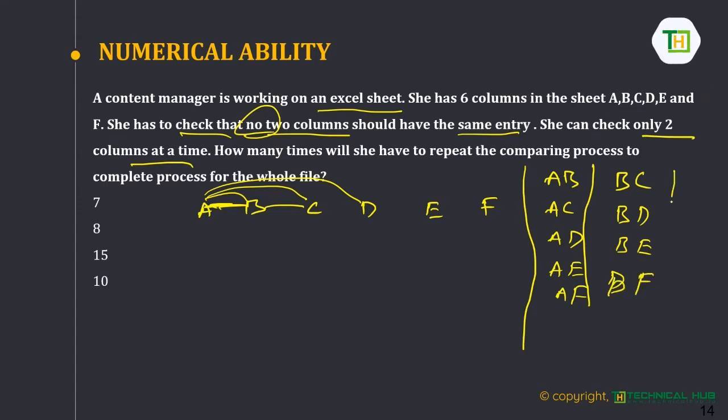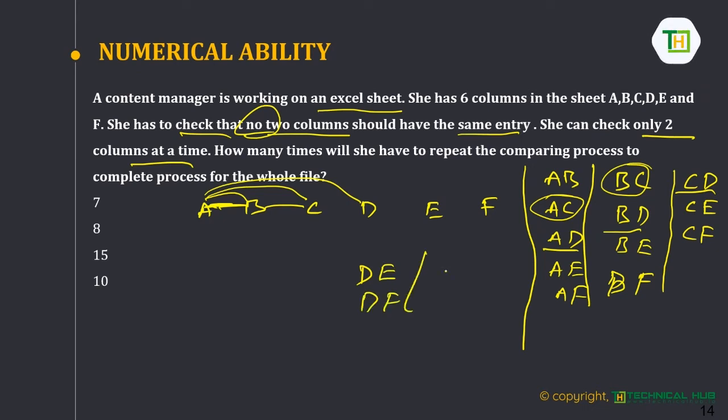And after that, you can start with C. CA and CB are not required. CA is over, CB is over. So you can start with CD. And next, CE, CF. After that, you can start with D. DA, DB, DC are over. And next, DE, then DF.